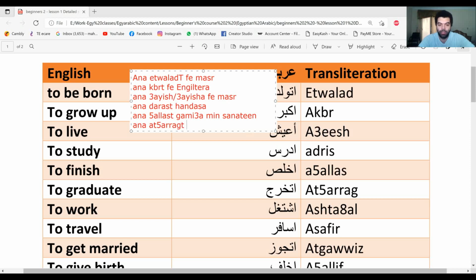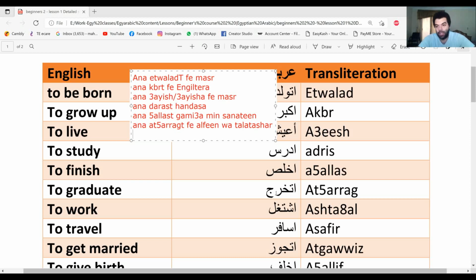And then we put the T. اتخرجت. Graduated. You can say في and then the year. في 2013. You can say من جامعة, from University of blah blah blah.